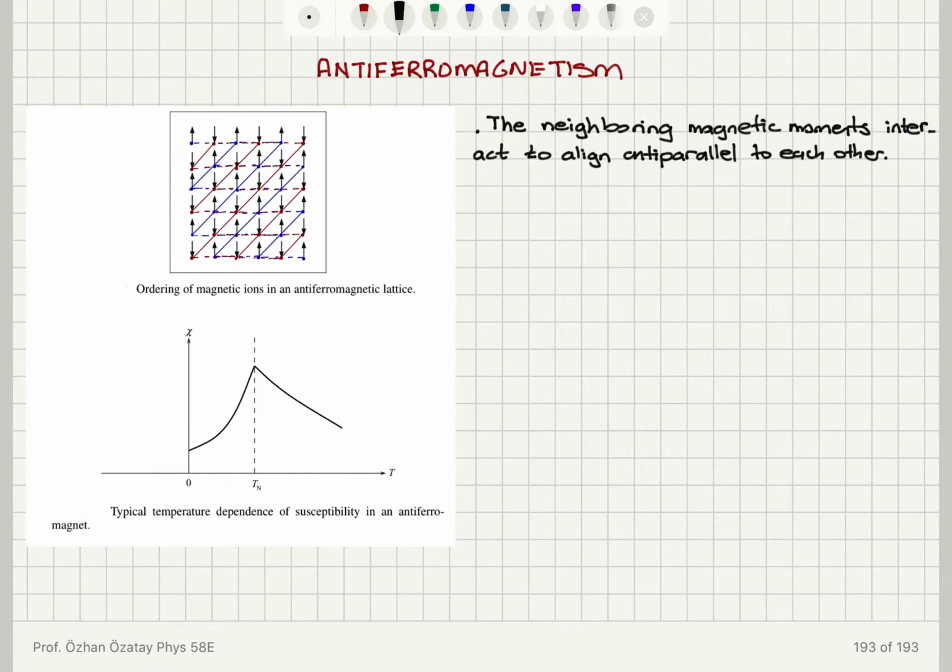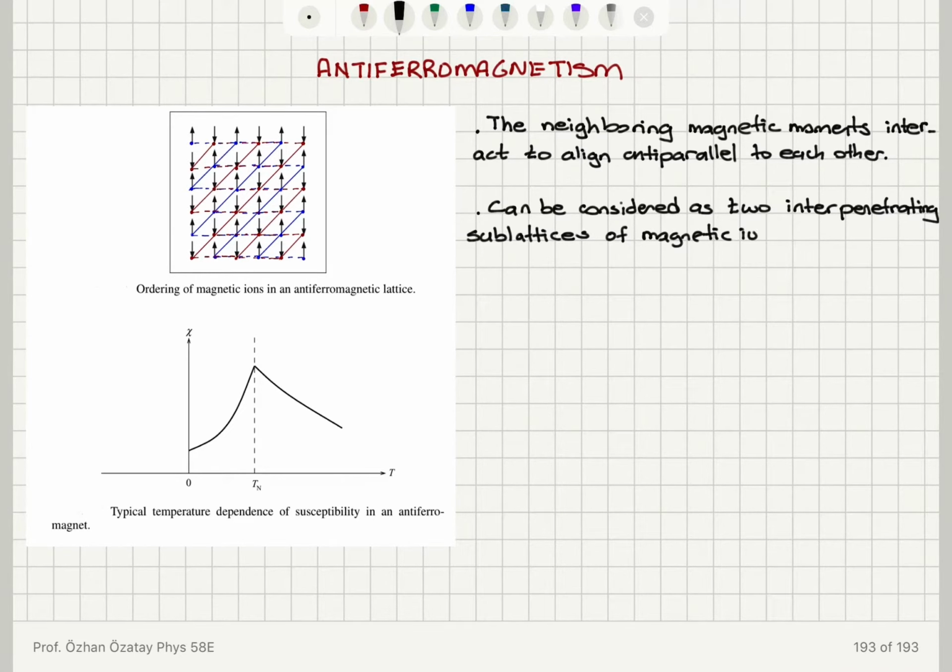And number two, it can be considered as two interpenetrating sublattices of magnetic ions.